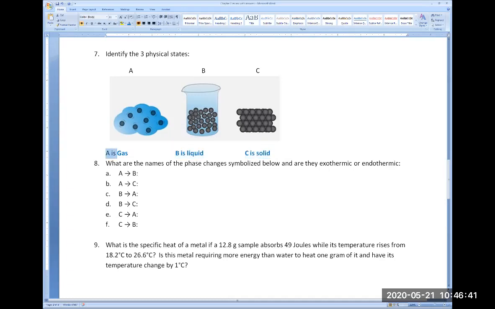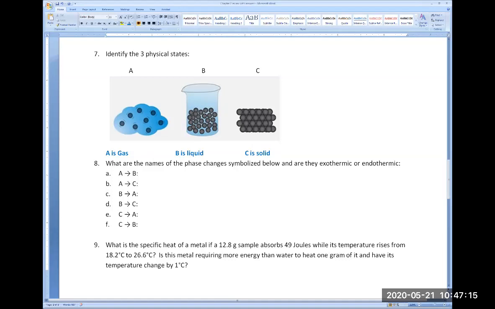So how do we know from those drawings? Gas particles are free from each other, flying around. There is a lot of space between the particles. So that's the gas. In the liquid and solid phase, your particles are packed together, right? They are more tightly held together. There are more forces of attraction in play. And the difference between the solid and the liquid is that in the liquid there are some attractions, but less than in the solid phase.